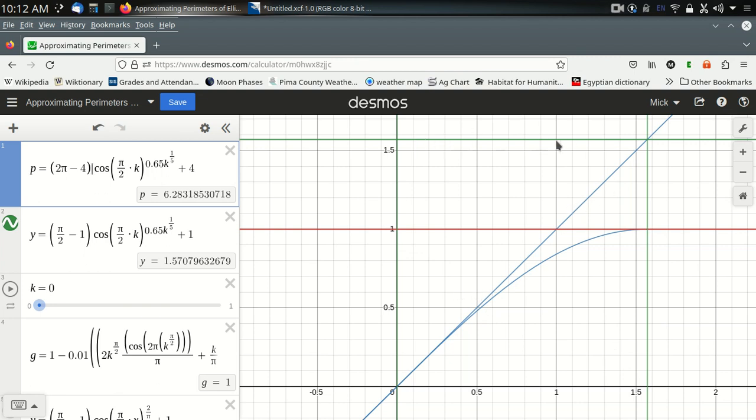And the green line is what the perimeter of the ellipse at any given k is. And you can see it's moving between this point and this point. Those are our reference frames, right? And this is the equation that we get as the integral of this guy at pi on 2. So here, let's let it roll.